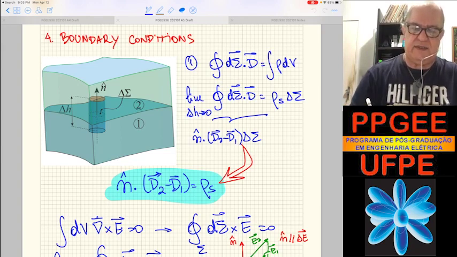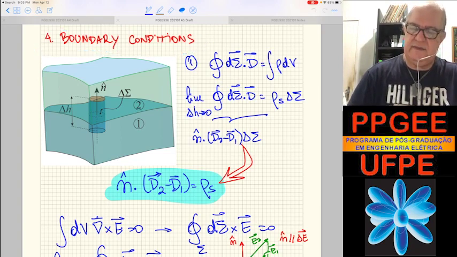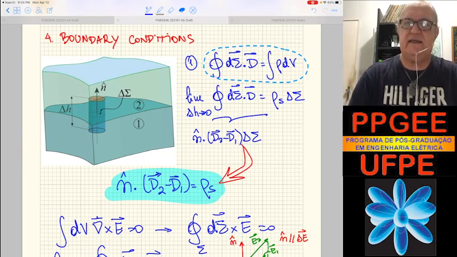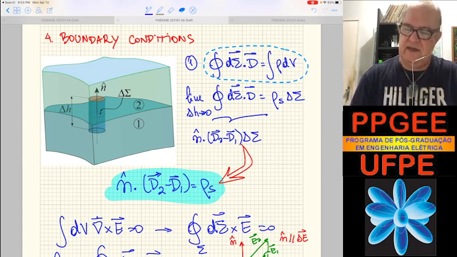Boundary conditions are the results of the integral relations, Maxwell's equations in the integral form. So the flux outward across the surface that encloses a volume is the enclosed charge.